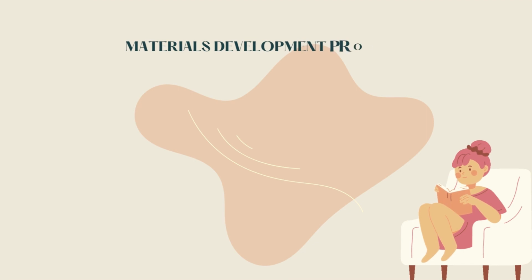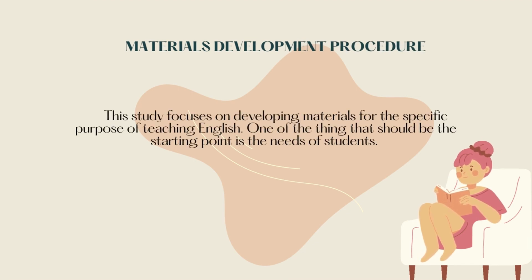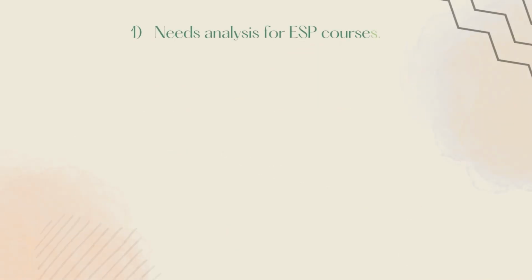Material development procedure. This study focuses on developing material for the specific purpose of teaching English. One of the things that should be the starting point is the needs of students. Point 1. Needs analysis for ESP courses.